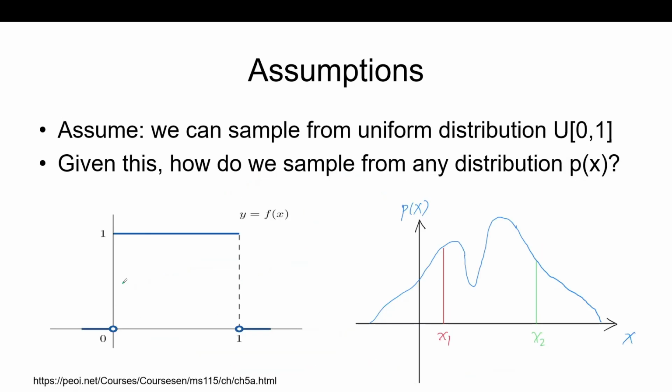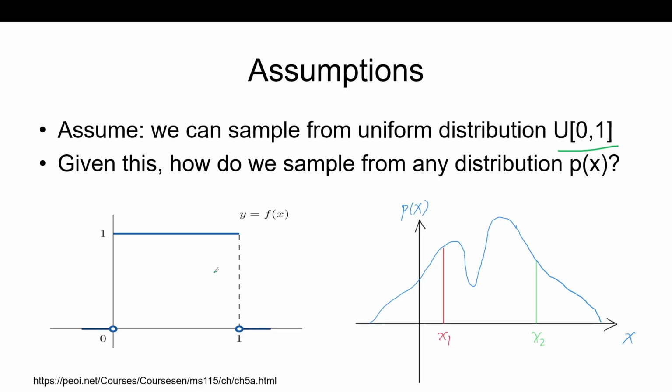Before we do inverse transform sampling, we want to state an assumption. The assumption is that we can always sample from the uniform distribution from 0 to 1. This is because there are a lot of existing ways to generate pseudo-random numbers between 0 and 1 such that the generated samples follow a uniform distribution.